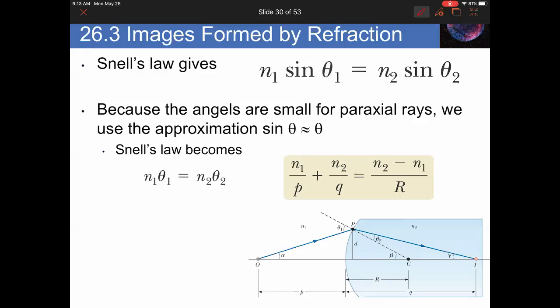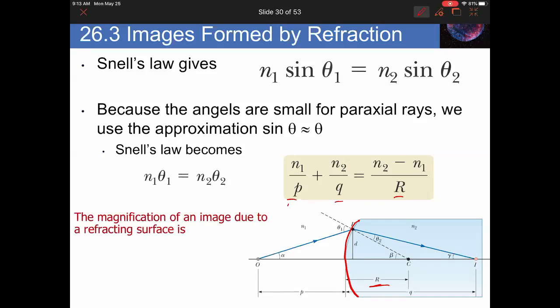Here r is the radius of the curved portion of medium 2. This r can be used in this equation, with the indices of refraction and the positions p and q, to find where the image will be formed.